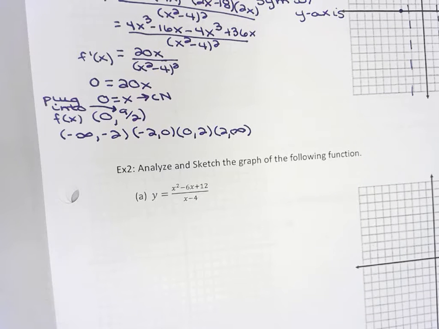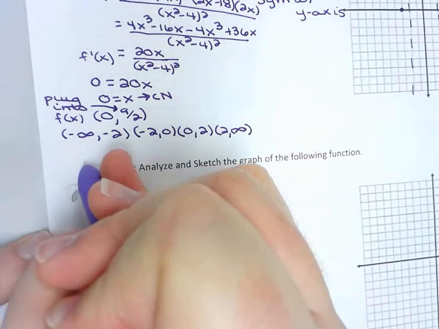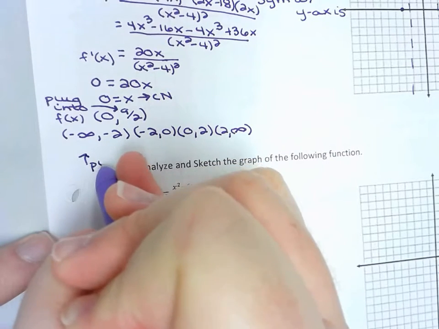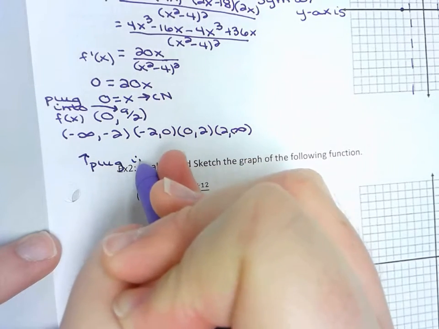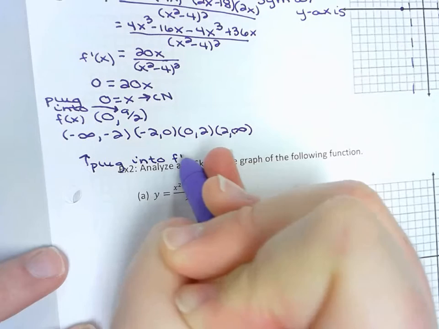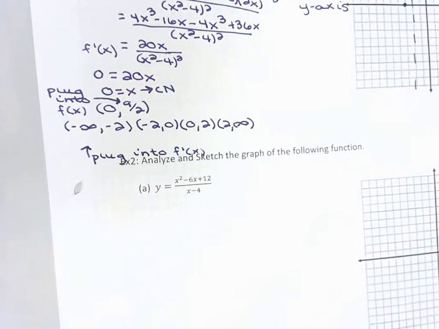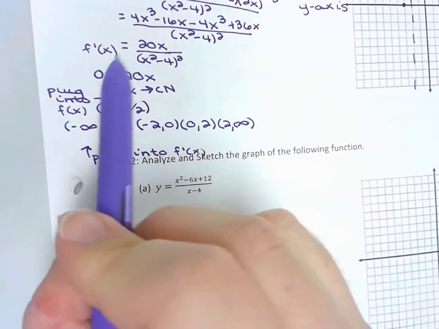So now as I go through and check the increasing, decreasing, I plug into the first derivative. So just making some notes as you go through, you know where I'm getting my answers. So look at your simplified first derivative.